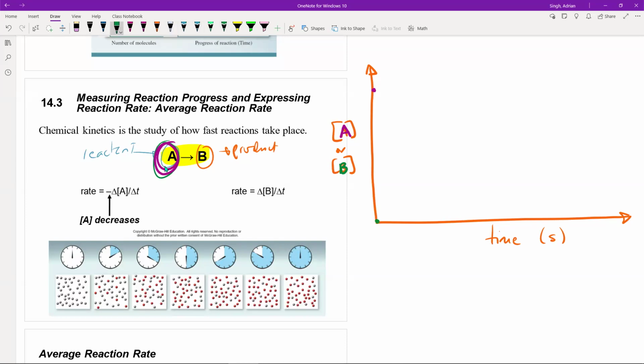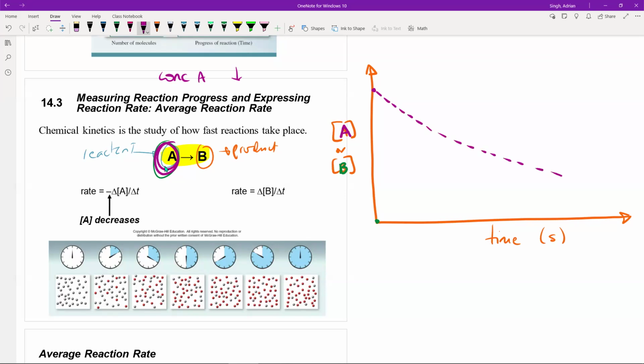As we allow this reaction to proceed, if we hit go, what we will notice is that as A is being converted to B, the concentration of A is going to slowly decrease as it is being converted into B. So the concentration is going to go down, down, down.